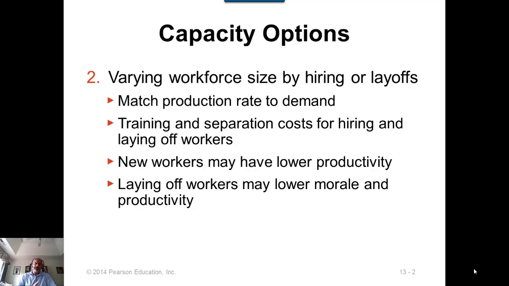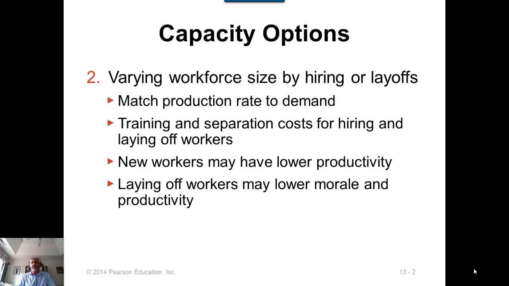But the problem is you're now going to have to fire and hire workers at will, and that may not be feasible many times because the workers may have to be trained to bring them up to speed. So there are costs involved in hiring and firing. If your product is highly technical and the production process is highly technical, then this option may not be feasible at all, because you cannot fire workers and expect them to stick around when you need to hire them back.